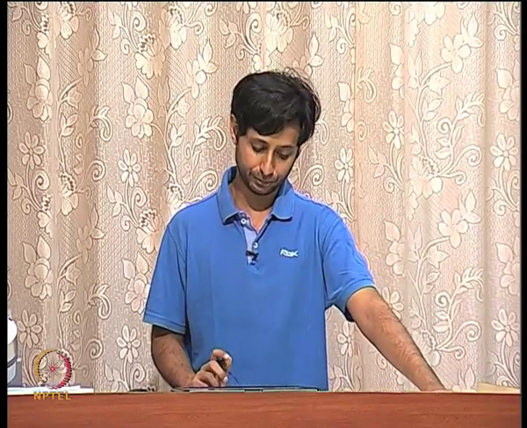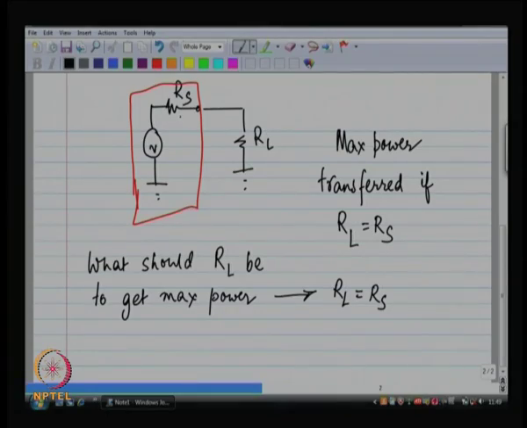If the source resistance was 0, then you can transfer whatever you want. I mean, if this resistance happens to be equal to 0, then you choose R L to be 1 ohm, you choose R L to be whatever you want, and that much amount of power, V squared by that, will be transferred to the load.